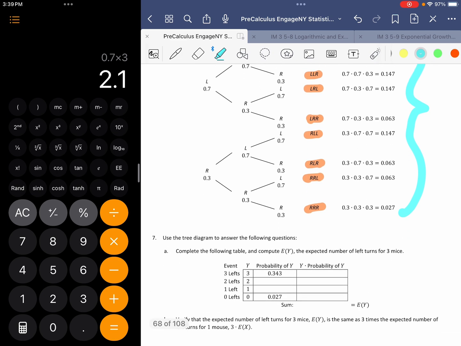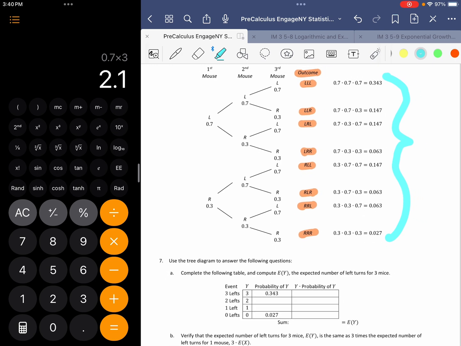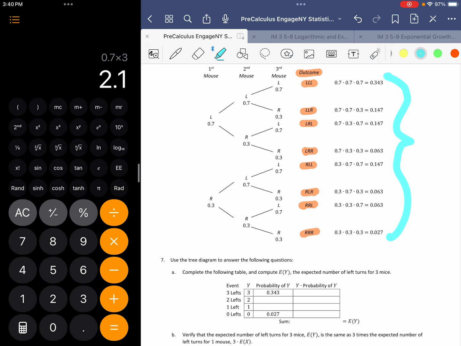So we can assemble all of this data into a relative frequency table. So I'm gonna zoom out just a little bit so we can see that relative frequency table at the bottom, and let's start to fill it in. So first, 3 lefts is only from this one outcome.